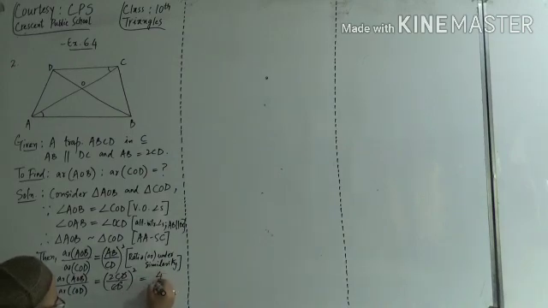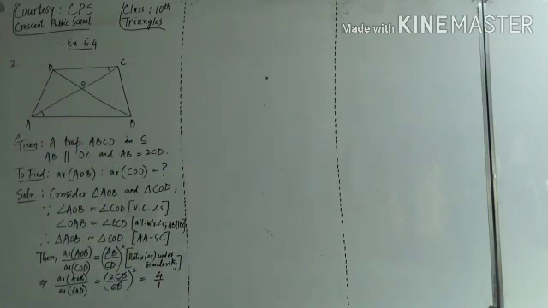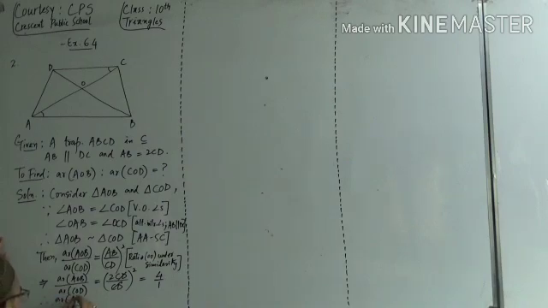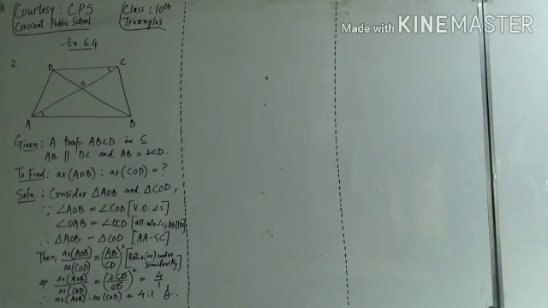That will give you 4 by 1, because 2 twos are 4. Therefore, area of AOB is to area of COD is equal to 4 is to 1, and that's your answer. That's the required ratio. You got it?